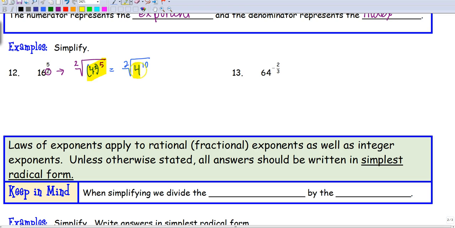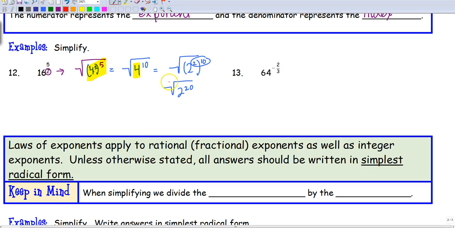We always want to go as low as we can here because otherwise you end up thinking it's simplified and it's really not. So 4, and I guess I'll get rid of this 2 because technically it doesn't need to be there because it's a square root. 4 is the same as 2 squared. So when you multiply your exponents again, we have square root of 2 to the 20.